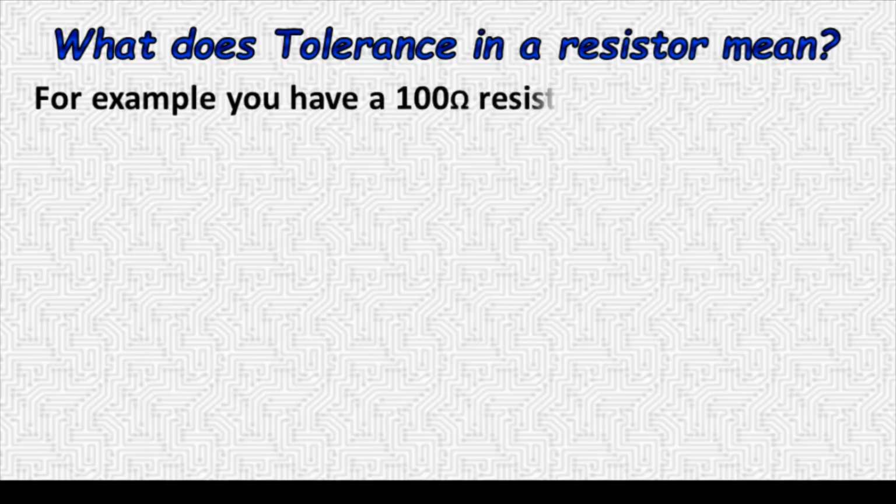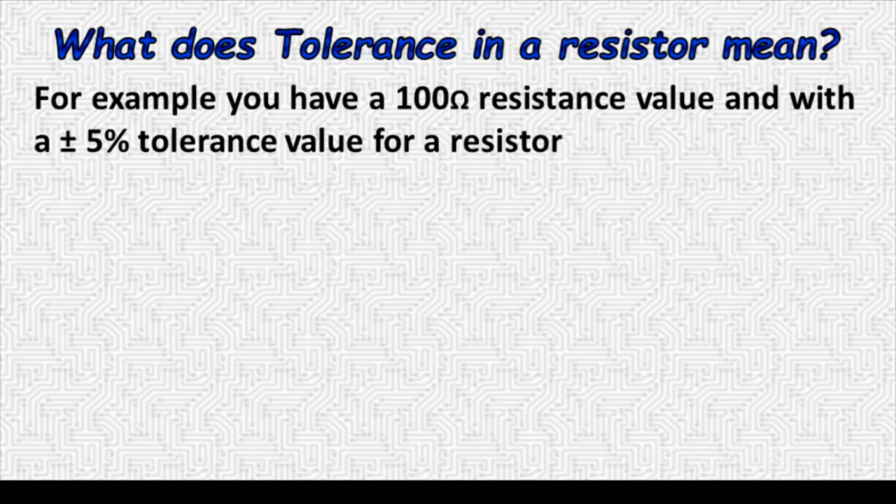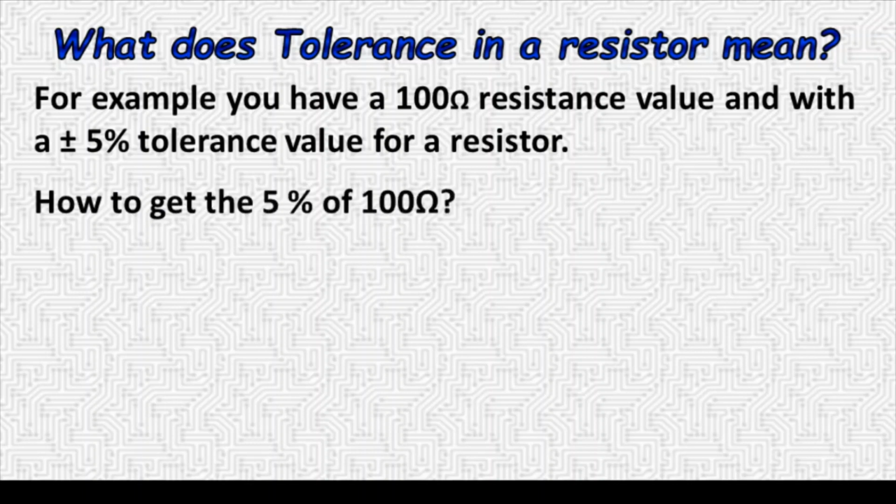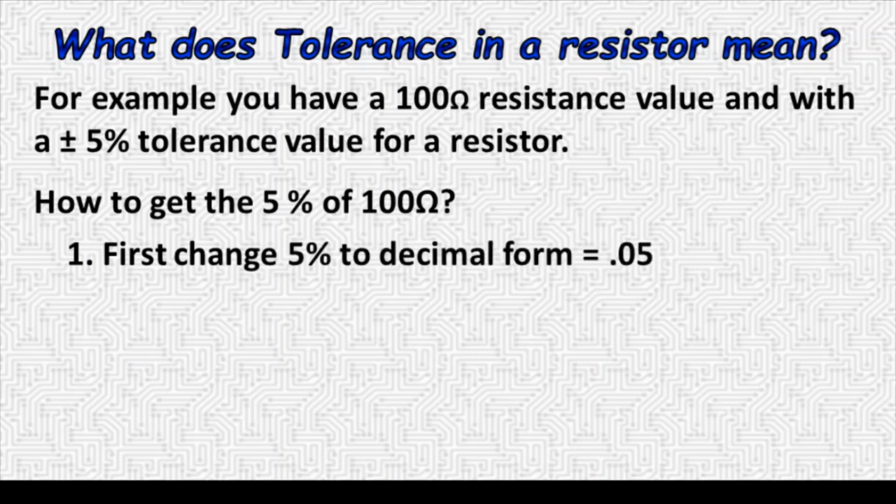For example, you have a 100 ohms resistance value and with a 5% or positive negative 5% tolerance value for a resistor. Paano daw kunin ang 5% ng 100 ohms? Una, change 5% to decimal form. So, ang decimal form ng 5% is 0.05.